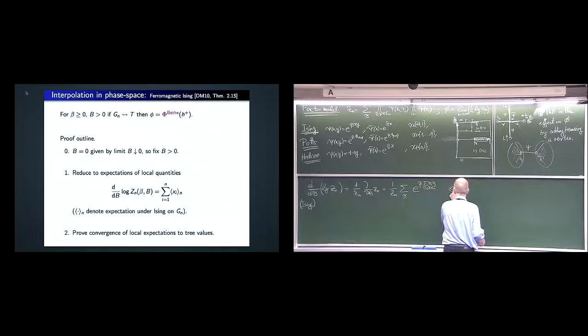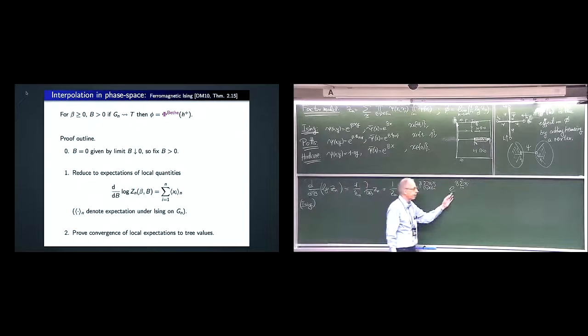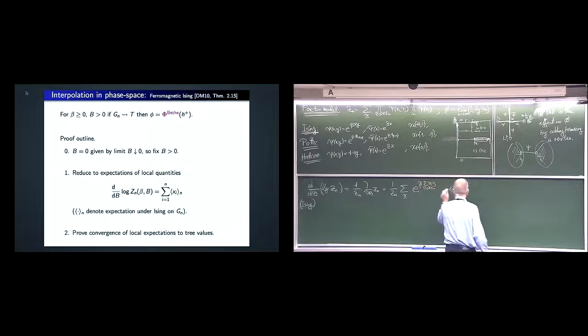And then I have these terms, and I need to differentiate these exponentials in b. I just wrote you Zn right now, I did not write the derivative. But if you differentiate the exponent in b, what you get is this quantity.